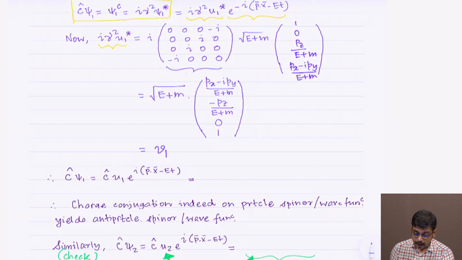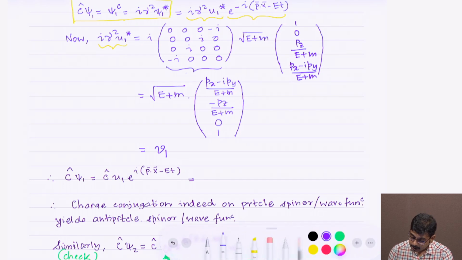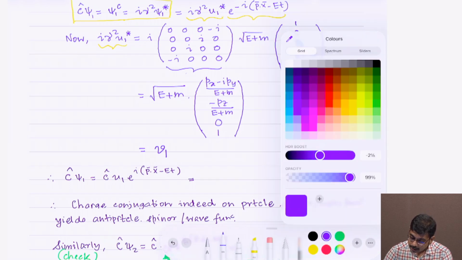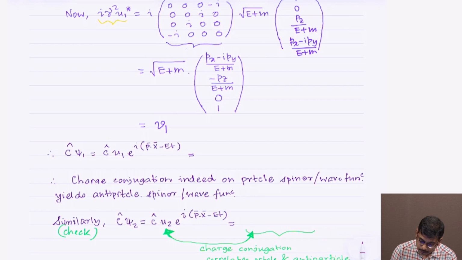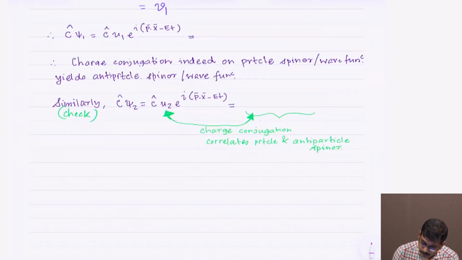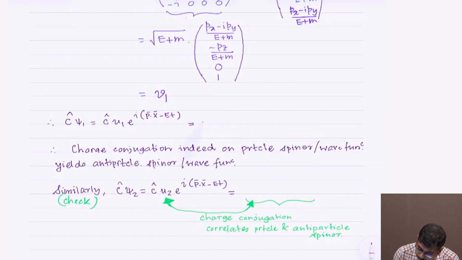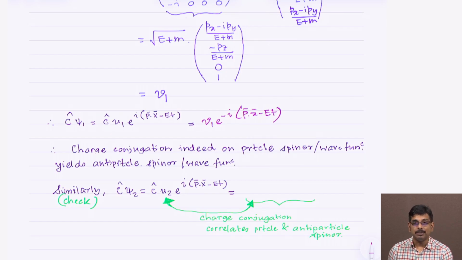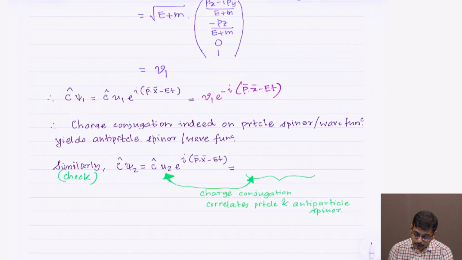So, in general, when you are taking this transformation of C psi 1, this is actually taking you to V1 into e to the power minus i(p·x − Et), correct? And this is precisely the antiparticle wave function that we wanted to find out.